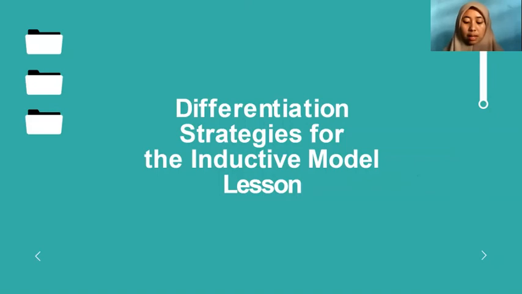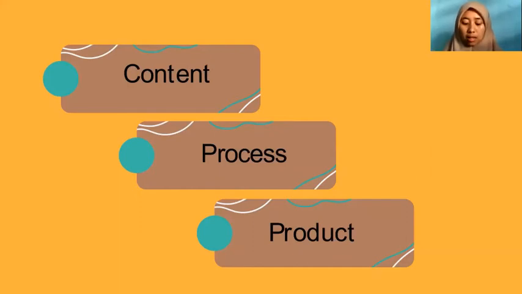There are three elements of the curriculum that can be differentiated. The first one is content. Content is related to the facts, concepts, generalizations or principles, attitudes, and skills related to the subject that we are going to learn. And then we have process.